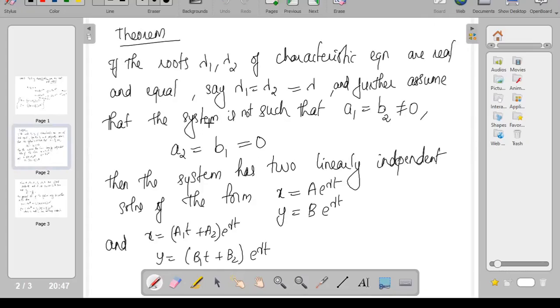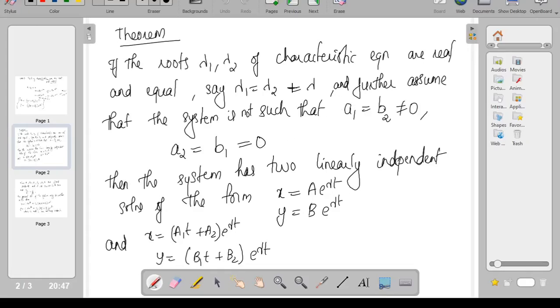So let us see the theorem. The theorem says that if the roots lambda 1, lambda 2 of the characteristic equation are real and equal, say you have lambda 1 equal to lambda 2 equal to lambda, and further assume that the system is not such that a1 equal to b2 not equal to 0 and a2 equal to b1 equal to 0. When you have this case, you will have only a single solution.